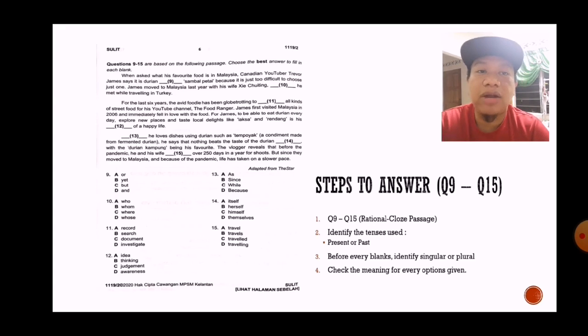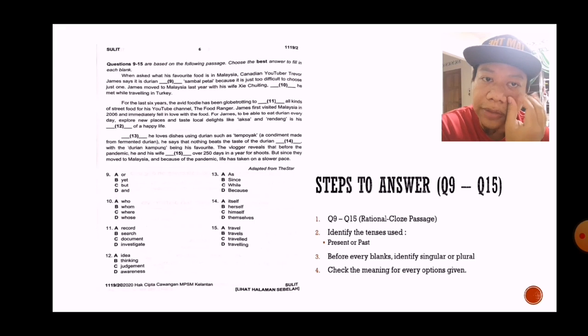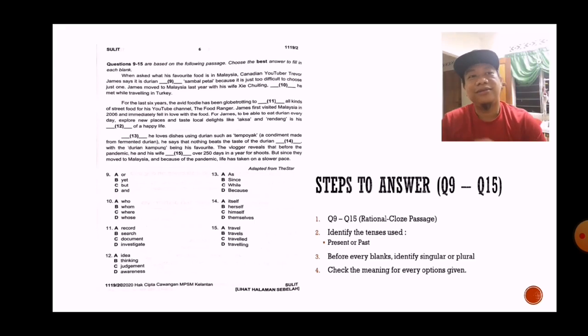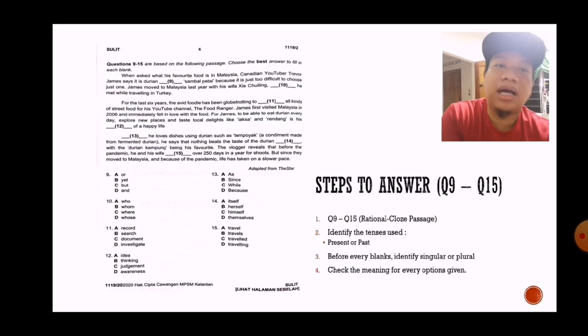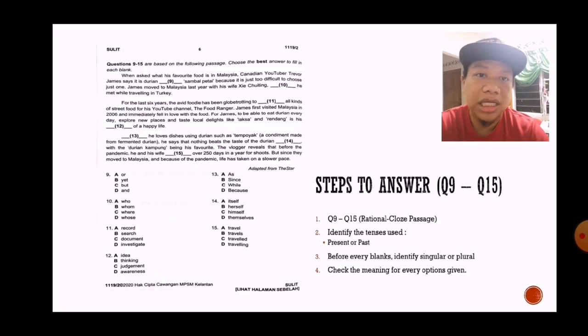Okay, so now let us look at the options given in number 13. A is as, B is since, C is while, D is because. So which one do you think is the answer? A, B, C or D?